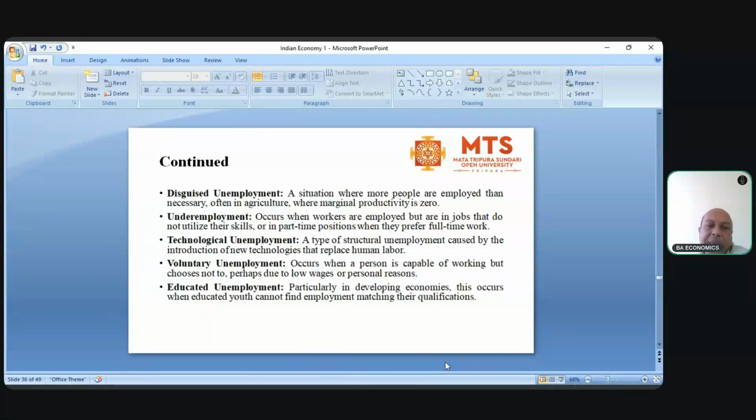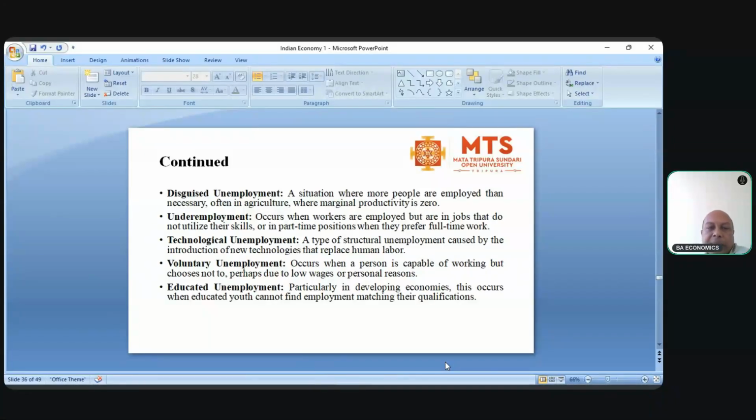It is known as disguised unemployment. That additional worker contributes nothing in production. If that worker withdraws from the production side, there is no change in total production. So that worker is working but contributes nothing, and is called a disguised unemployed worker.